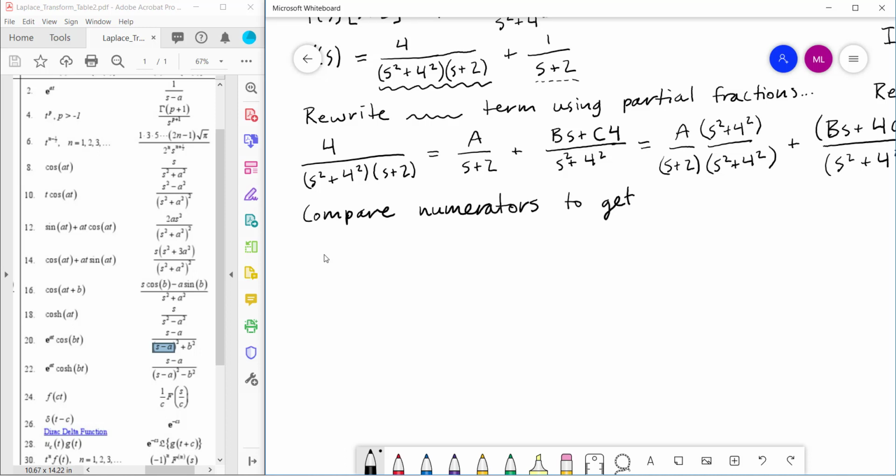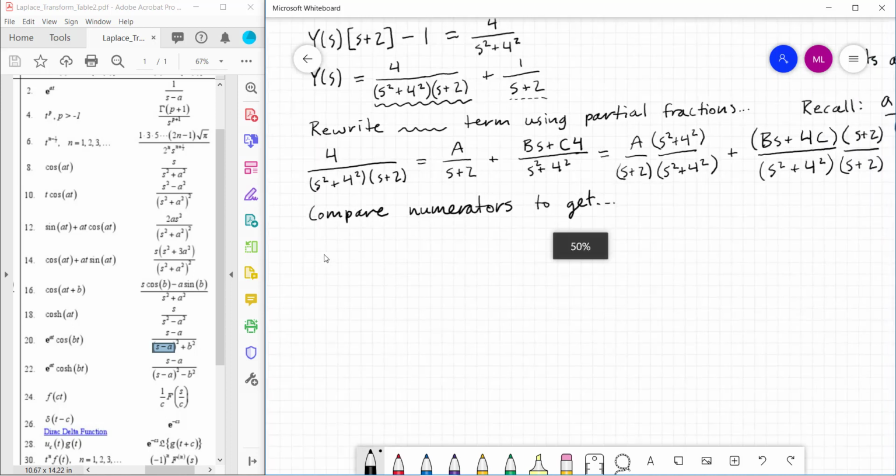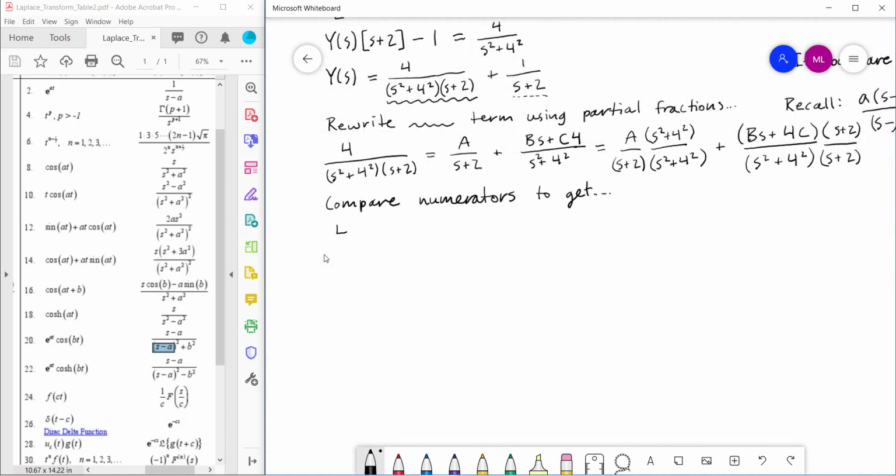To get out of this, on the left we're going to have 4, and on the right I get this, so a times (s squared plus 4) squared plus (bs plus 4c) times (s plus 2).